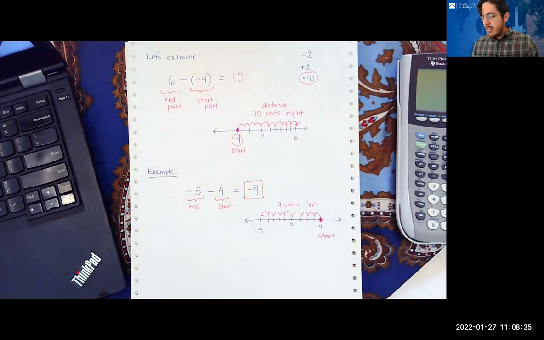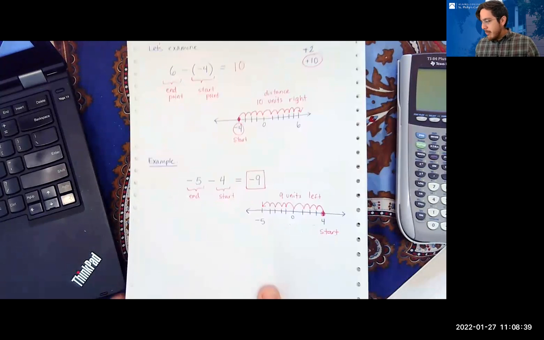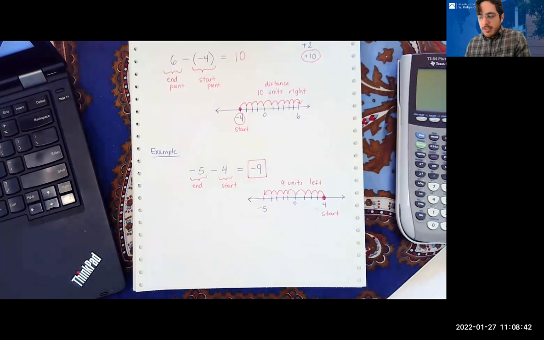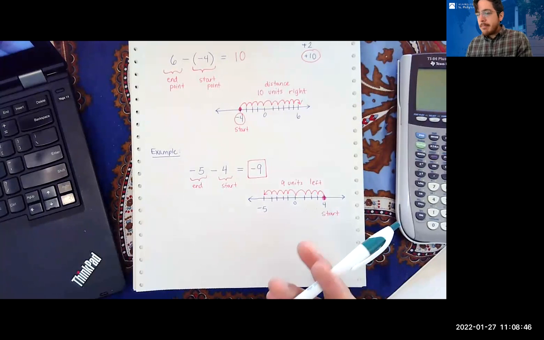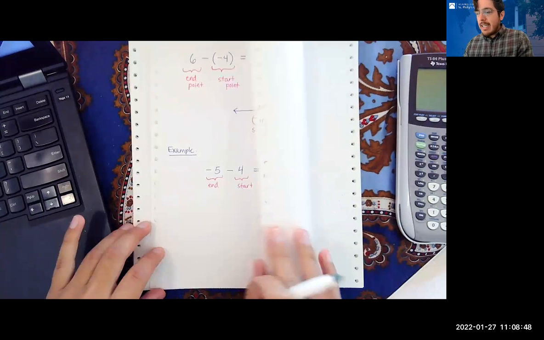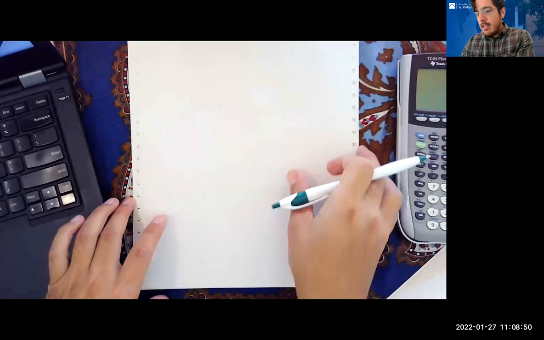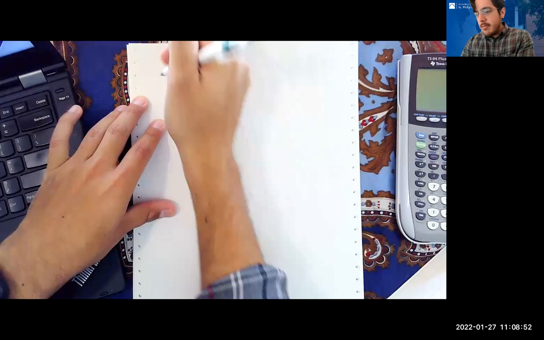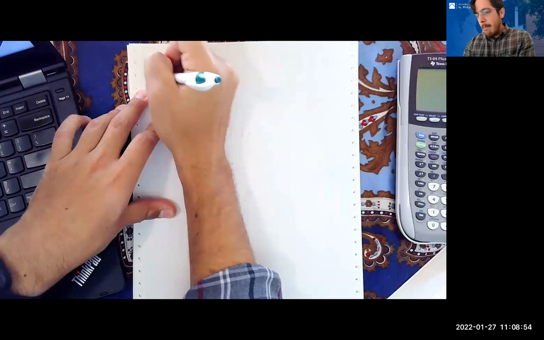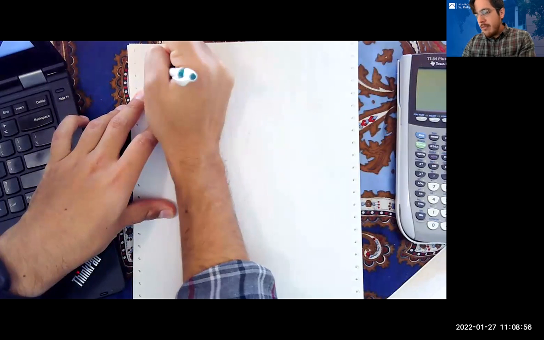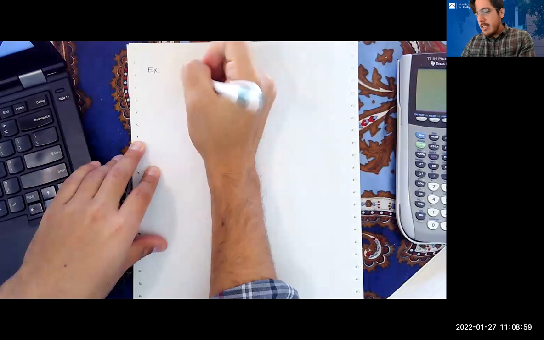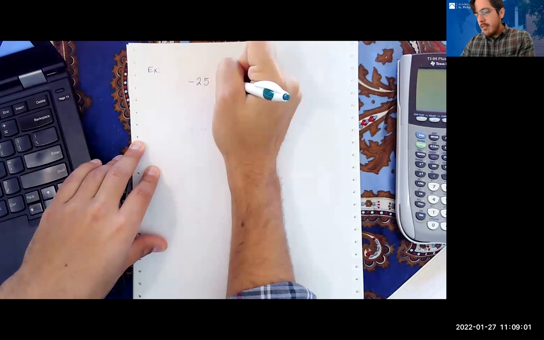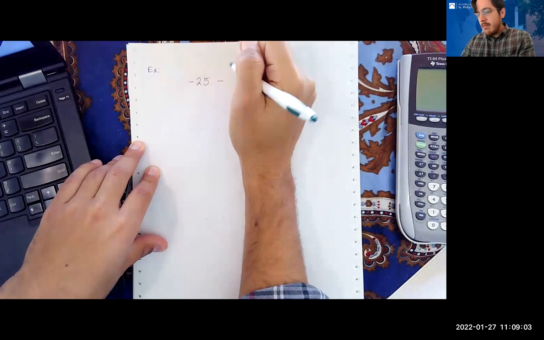But for larger numbers, you don't necessarily want to do this because you don't want to draw a number line with a bunch of numbers on it. So for instance, let's say that I had negative 25 minus negative 15.